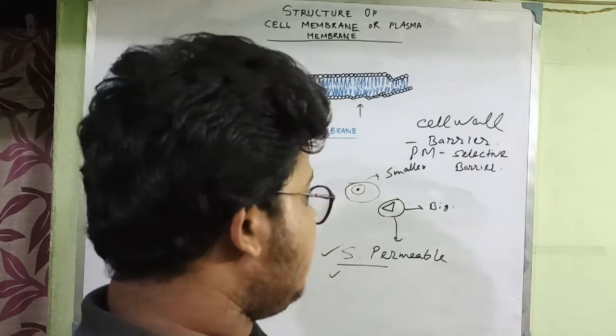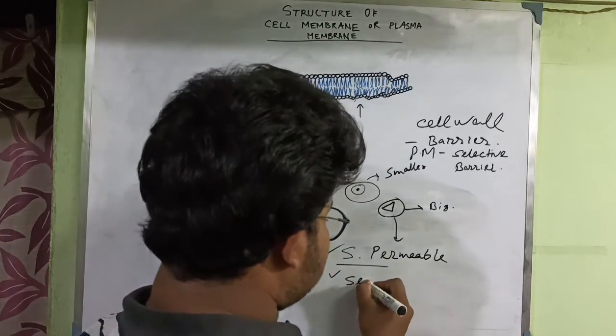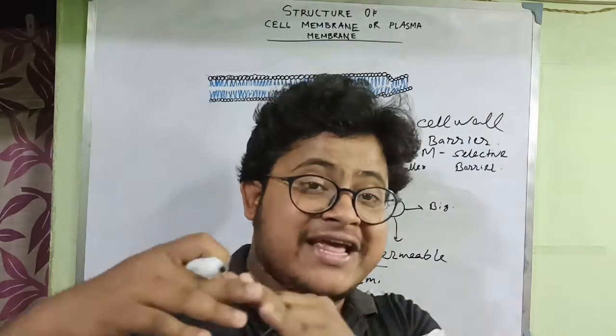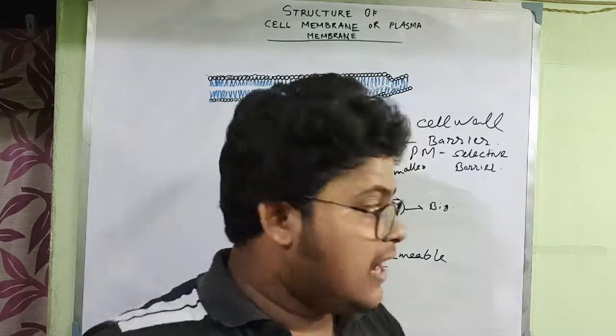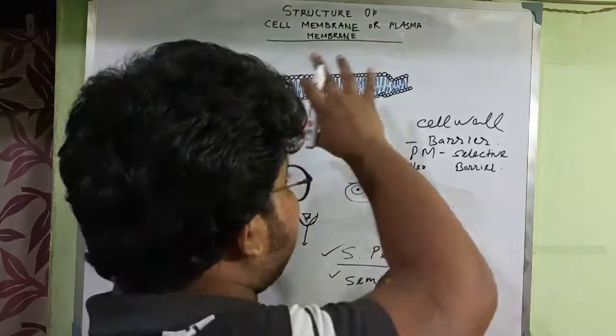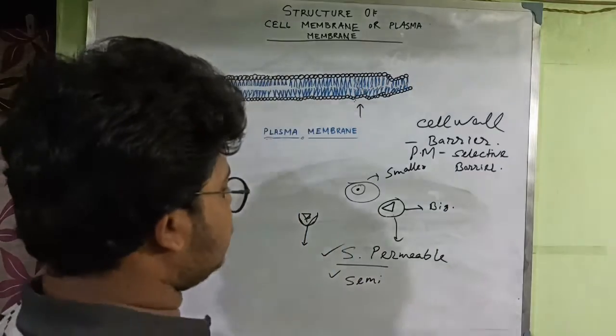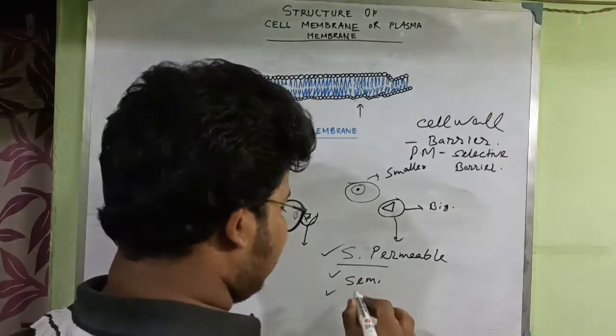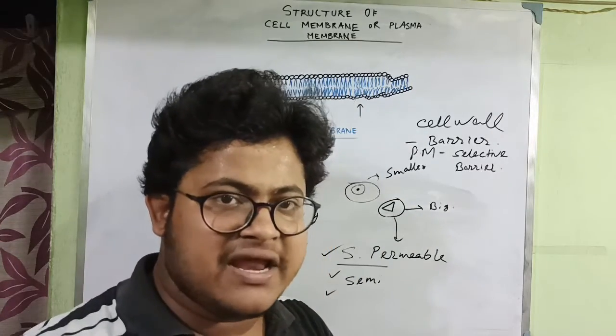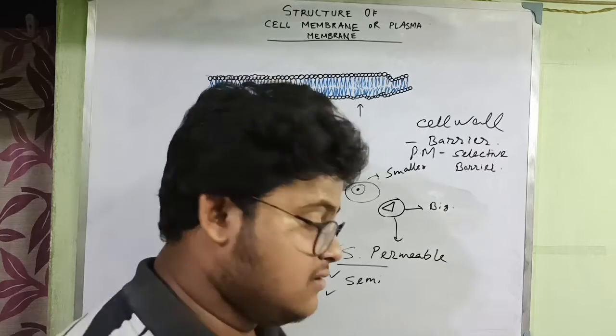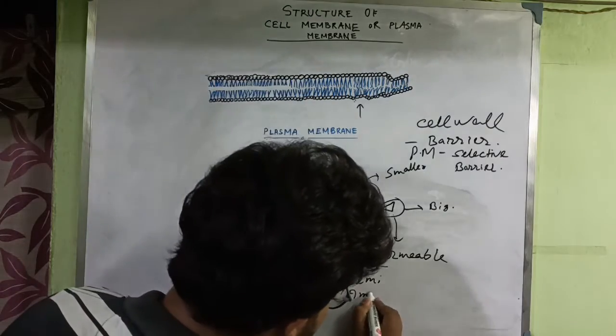So this is the second character, they can also be semi-permeable. The third character is that the cell membrane is amphipathic.